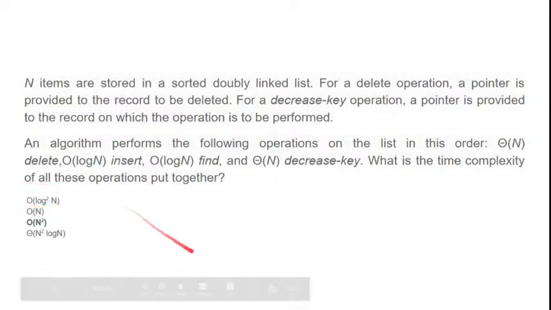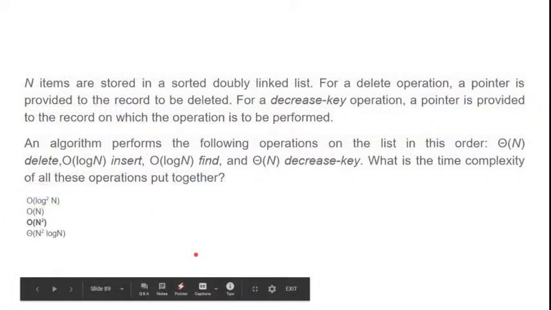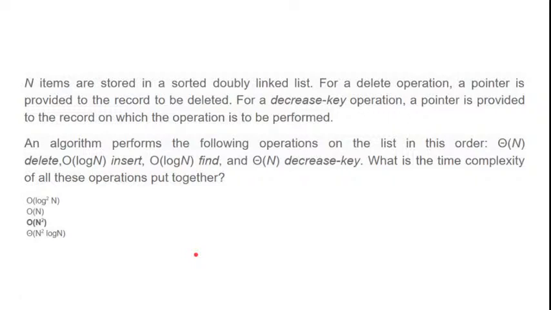N items are to be stored in a sorted doubly linked list. For the delete operation, a pointer is provided to the record to be deleted. So for a sorted doubly linked list, delete needs O of 1 time and insertion takes O of n time. Find takes O of n time, and decrease key takes O of n time. Now the number of each operation performed is given.